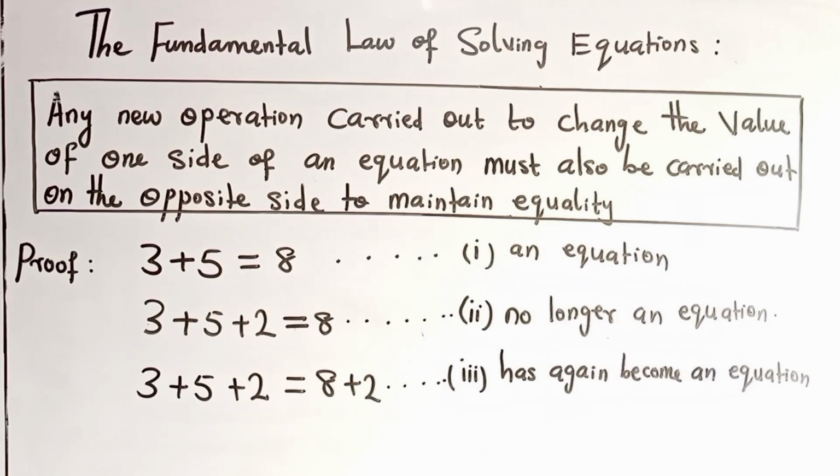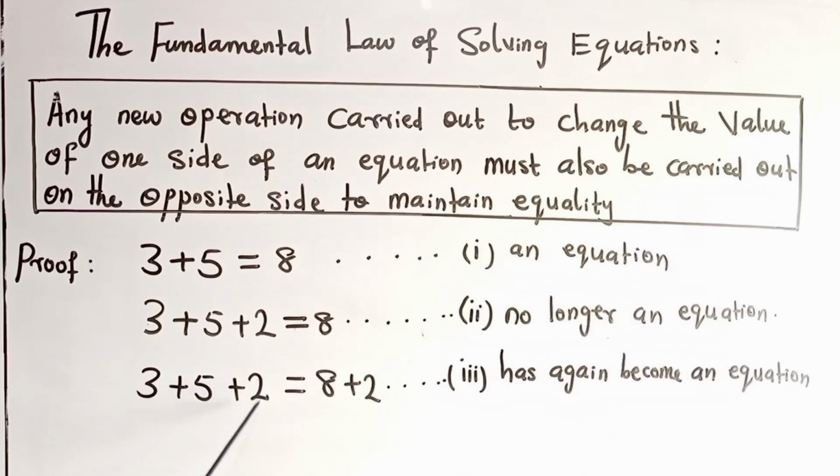Since we now agree that line 2 is not an equation, let's try and do the same thing we did on the left-hand side on the right-hand side. Don't forget that I added 2 to the left-hand side to bring it to 3 plus 5 plus 2. 2 is the new thing I have done to this left-hand side.